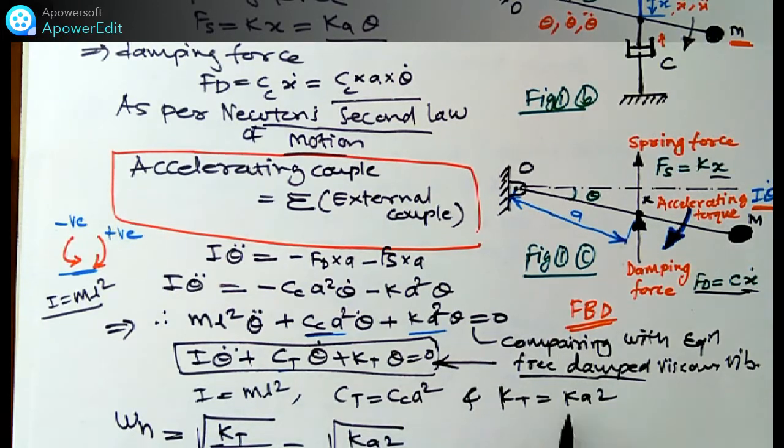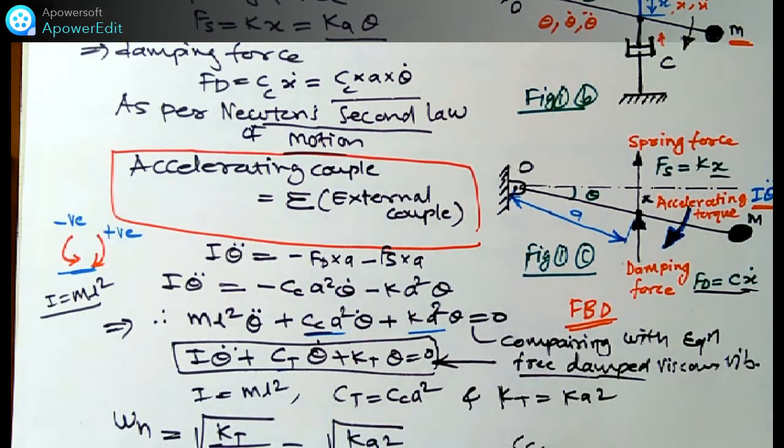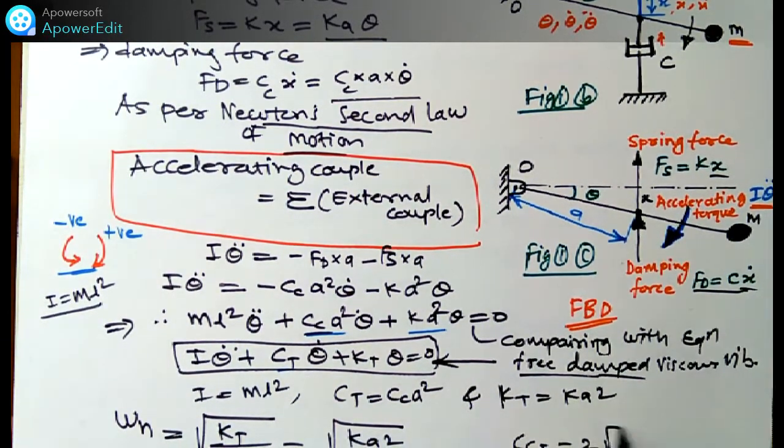And we can also calculate it from this one, Cct, that is 2 into under root of Kt into I. As it is from the couple, so these terms we have considered.